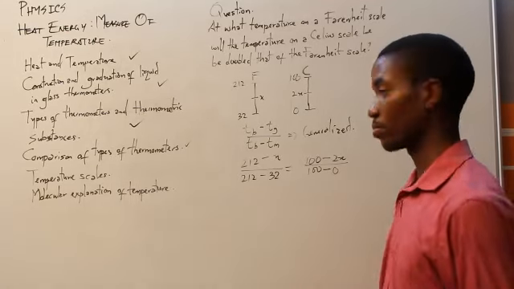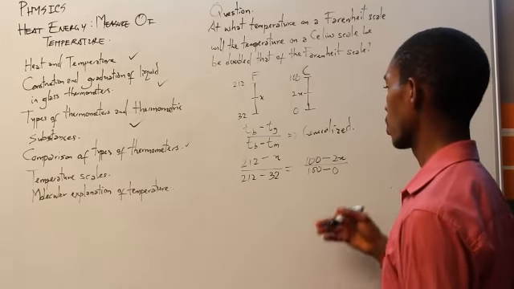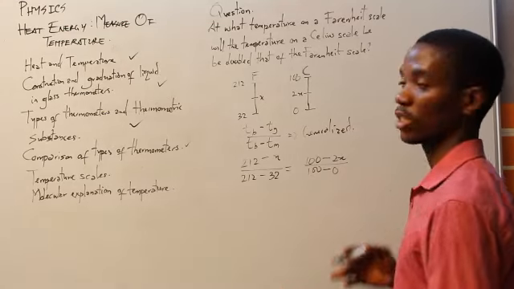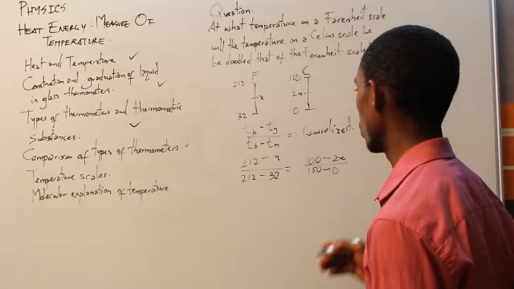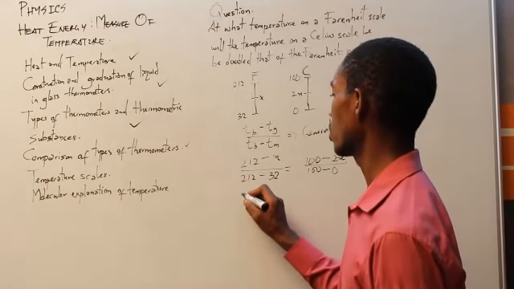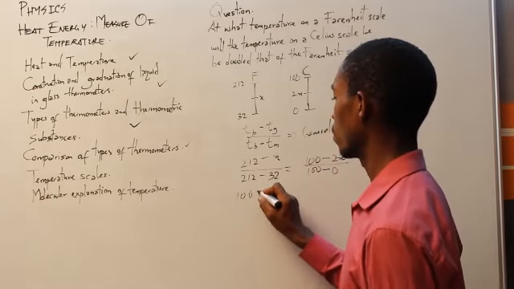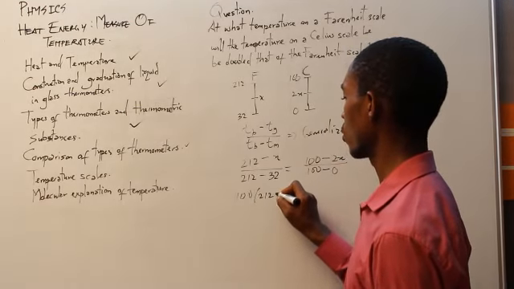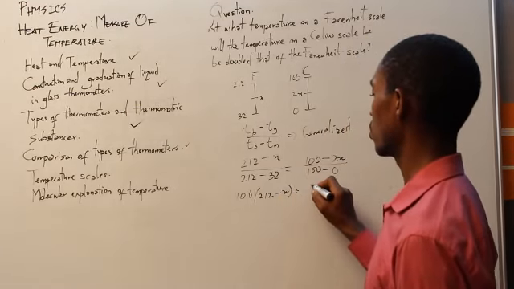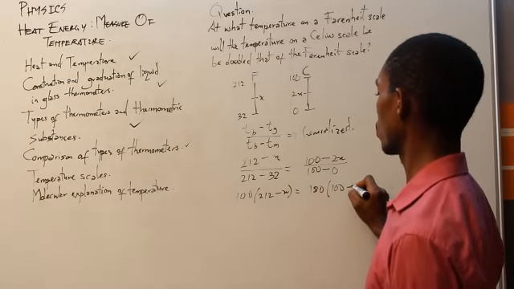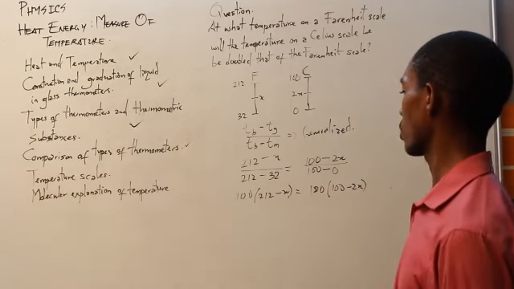Then we can solve. Of course, it will be logical to cross multiply and start gathering things together. So when I cross multiply, I'll have on this side 100 multiplied by 212 minus X should give me 180 into brackets 100 minus 2X.